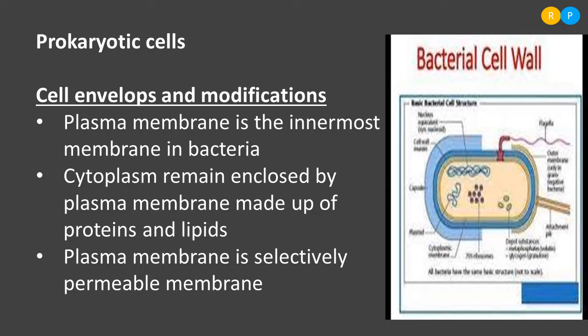In the plasma membrane of bacteria, we can see some modifications. Those modifications help to perform many functions in the bacterial cell. So what are those modifications? One of the modified structures is the mesosomes. Mesosomes are actually infoldings of the plasma membrane.